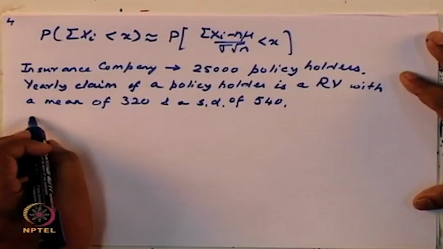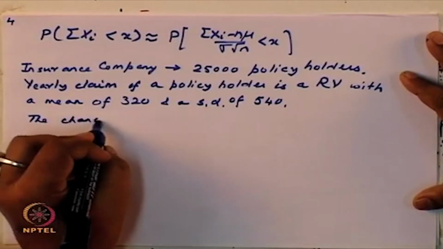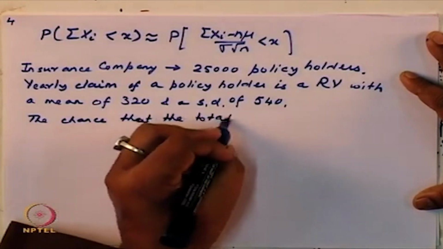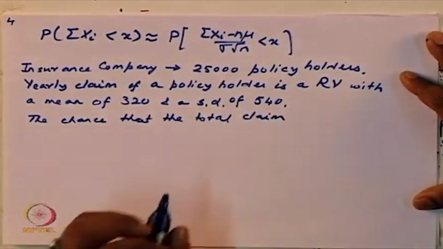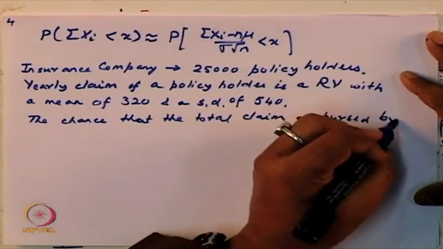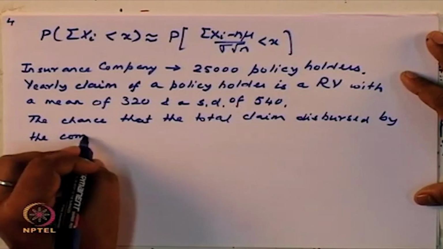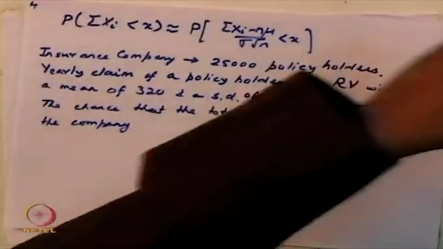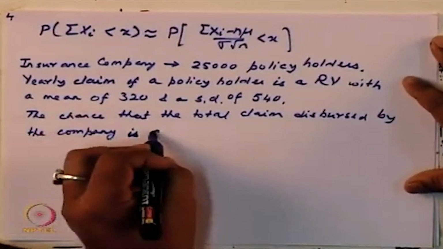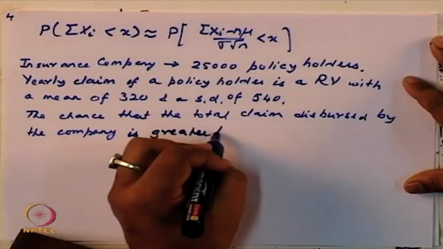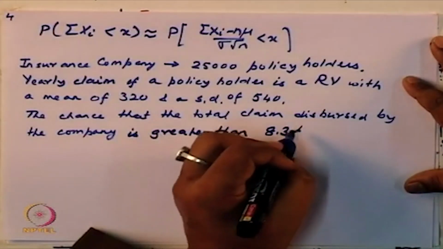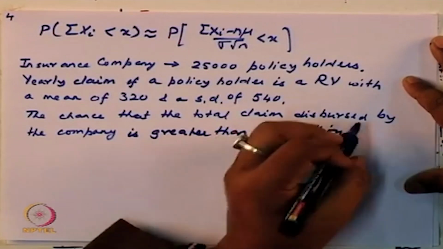So, we want to compute the chance that the total claim disbursed by the company is greater than 8.3 million dollars.